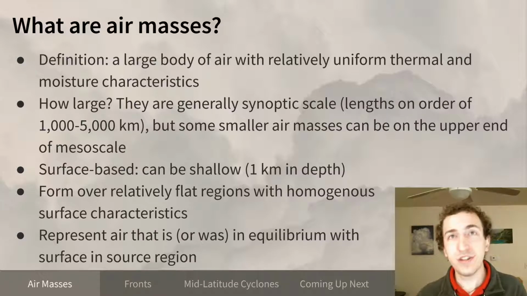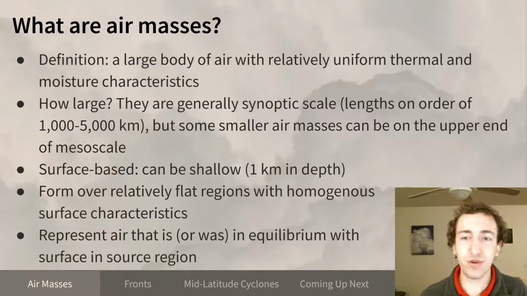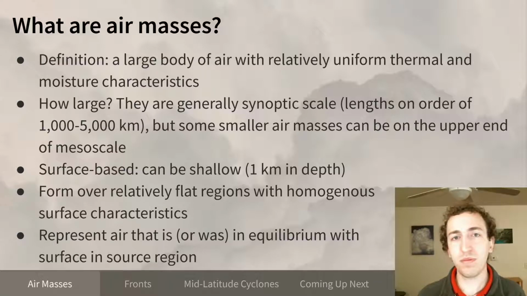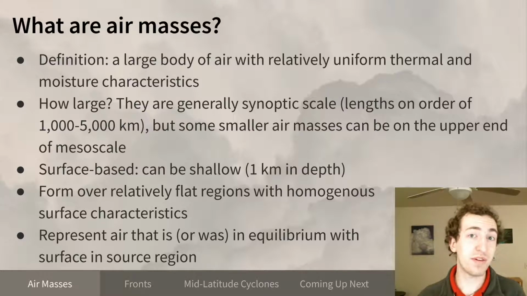But just based on how it practically works out, sometimes they don't quite reach synoptic scale. They're on the upper level of mesoscale. So we can't say that they are exclusively synoptic scale phenomena. But if you wanted to get a ballpark idea, you can consider that sort of 1,000 kilometer length scale in size. Also, they're generally surface based.